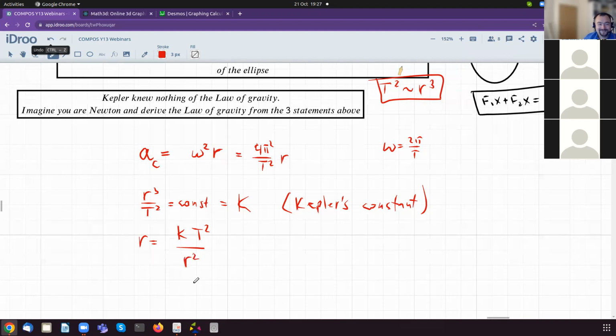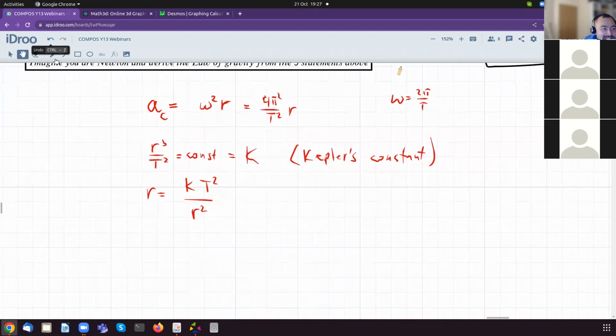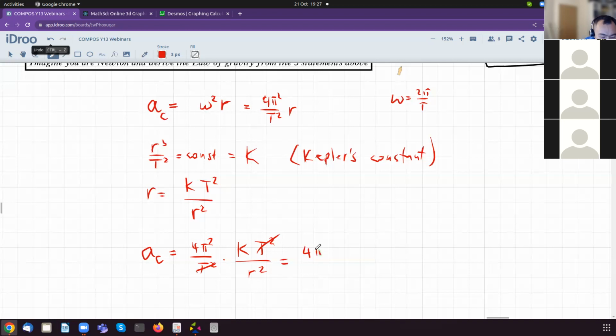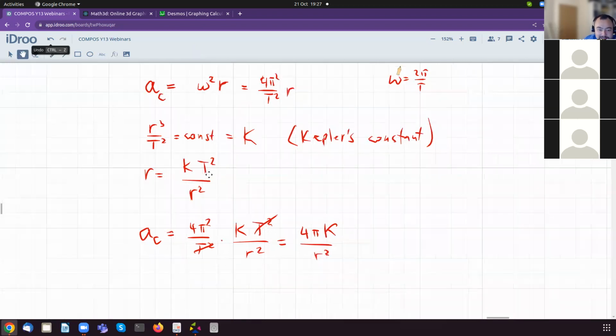Just some trickiness with numbers, and we sub that into here. So the centripetal acceleration is 4 pi squared divided by T squared multiplied by r, which is k, Kepler's constant, T squared divided by r squared. T squared cancels, and we are left with 4 pi squared k divided by r squared. And that's the acceleration of a planet.